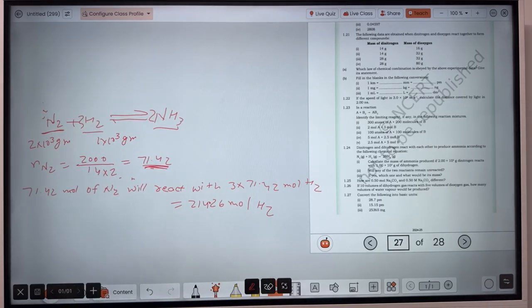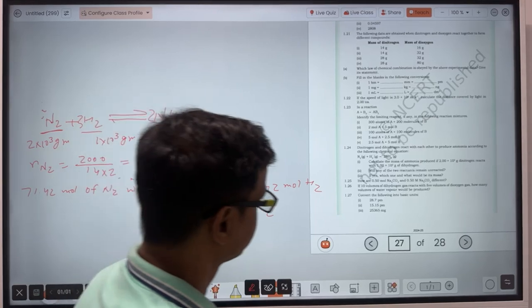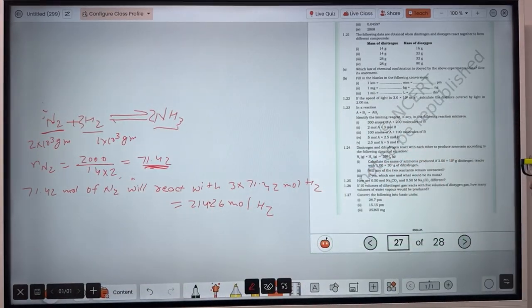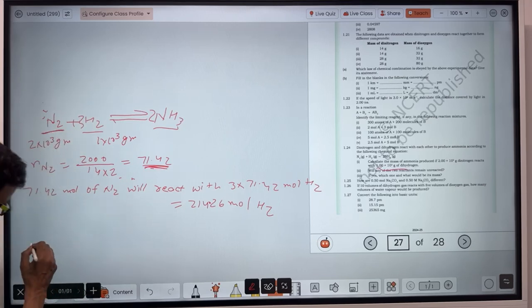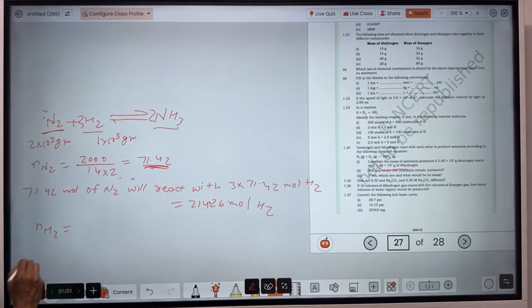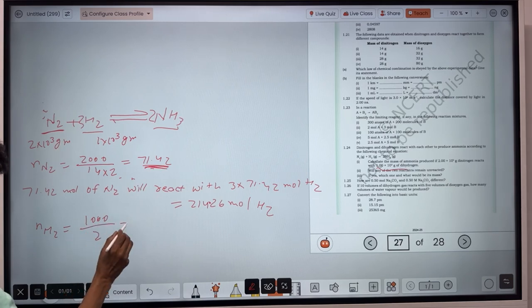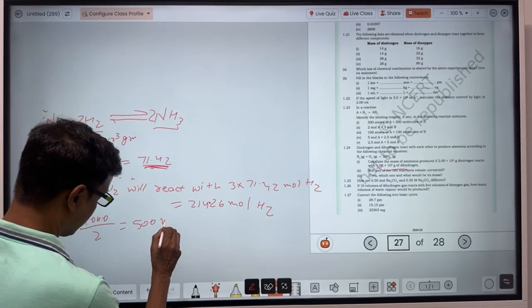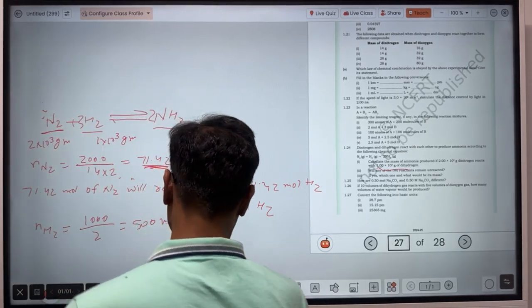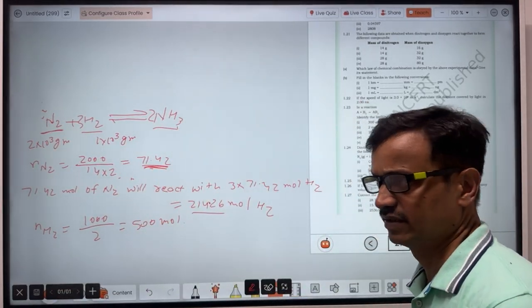Okay. Any problem here? Then how much hydrogen is there? The number of moles of hydrogen available will be how much? 500 moles of hydrogen there are, out of which 214.26 moles of hydrogen will react.